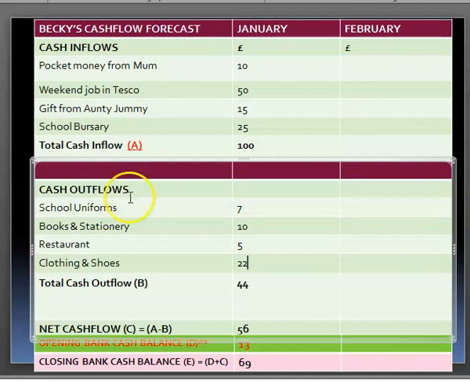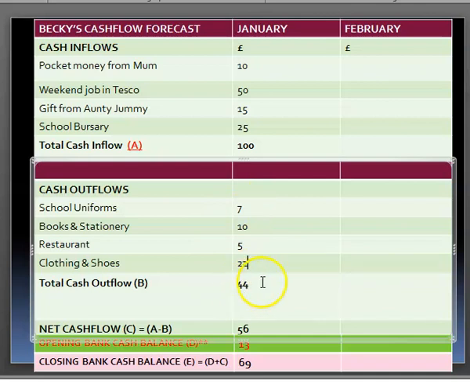Number one, you want to buy your school uniforms, so £7 for January. And then you're going to buy books and stationery, £10. Then you expect to spend £5 at a restaurant, going out with a friend. Then you want to buy clothing and shoes, £22. When you add all of them together, they come to £44.